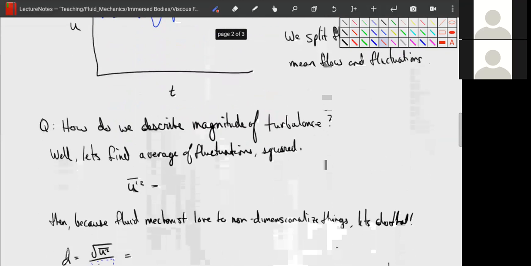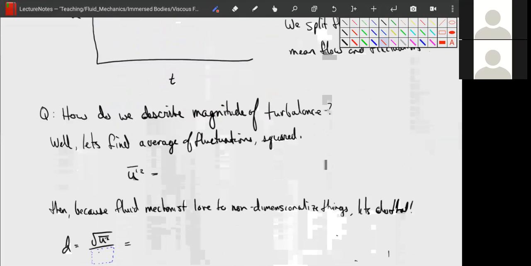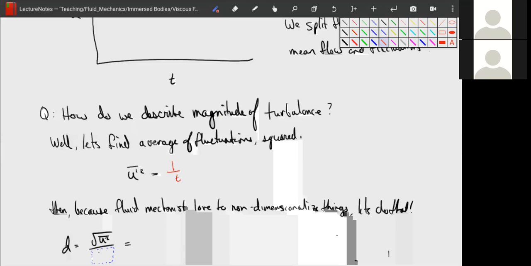So we can kind of take the squared average, right, which is 1 over the time, integrated from t naught to t naught plus delta t, of u prime squared dt.